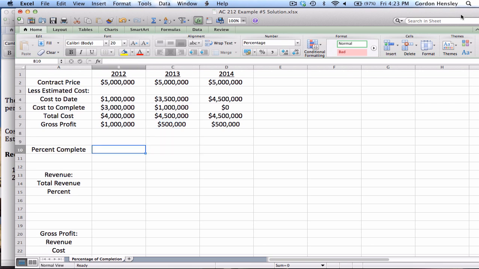Now down here, I want to figure out the percent complete. There's actually a formula for that. The formula for percent complete is in the textbook, and it's also in the video lecture that I did on percentage of completion. The formula is the cost to date divided by total cost.